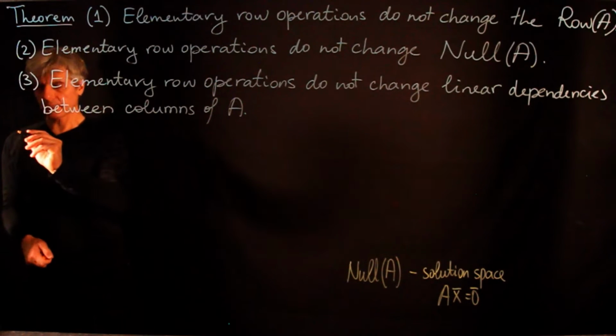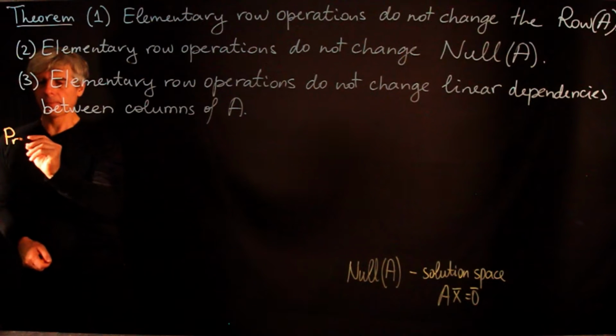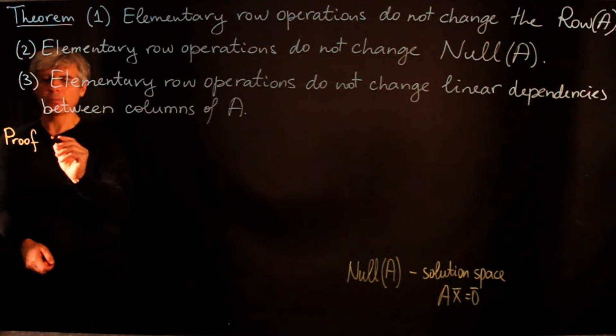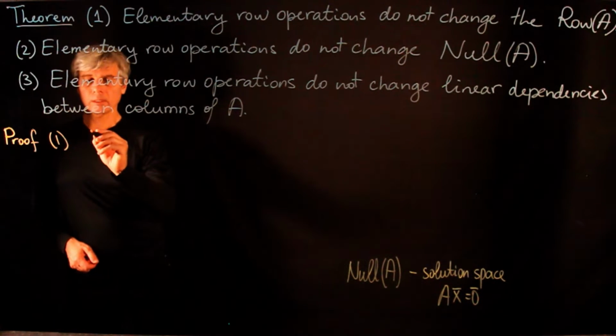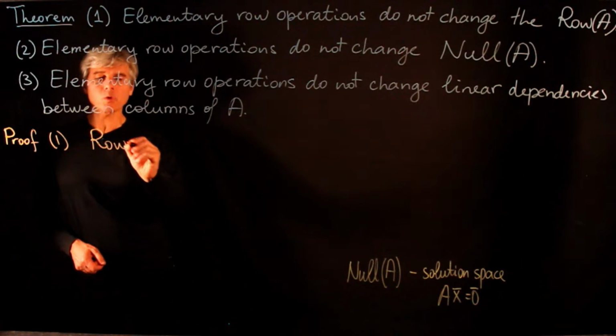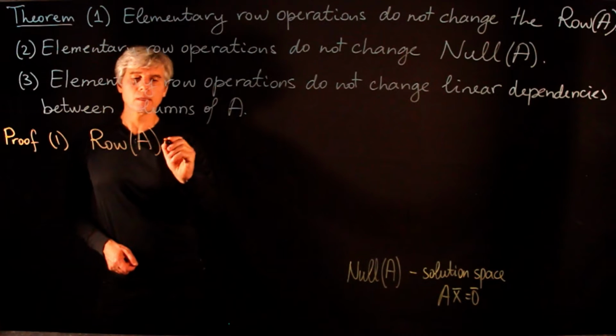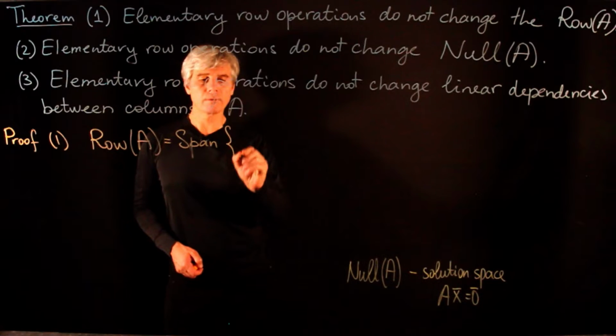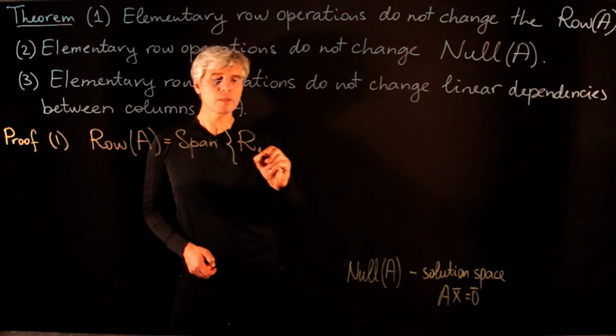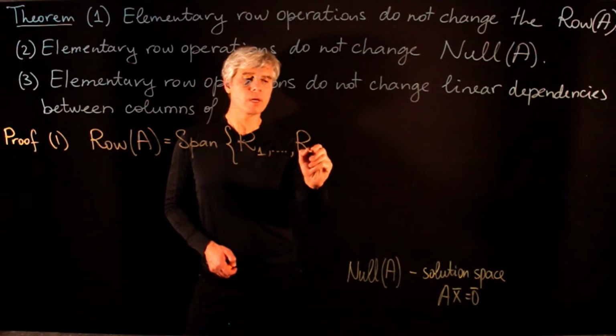All right, so let us give the proof of this theorem. And we start with part 1. Let's recall that the row space of A is the span of its rows, so it's the span of R1 through Rm.